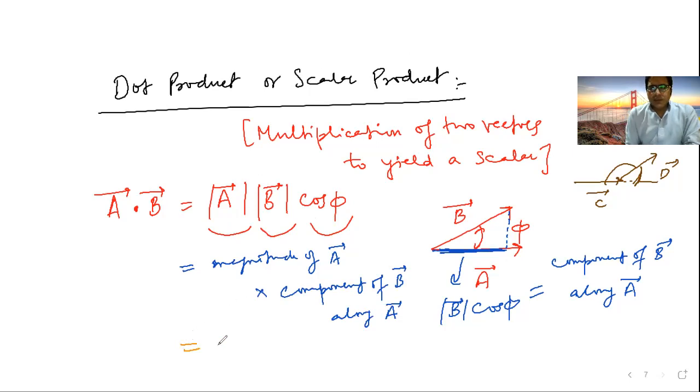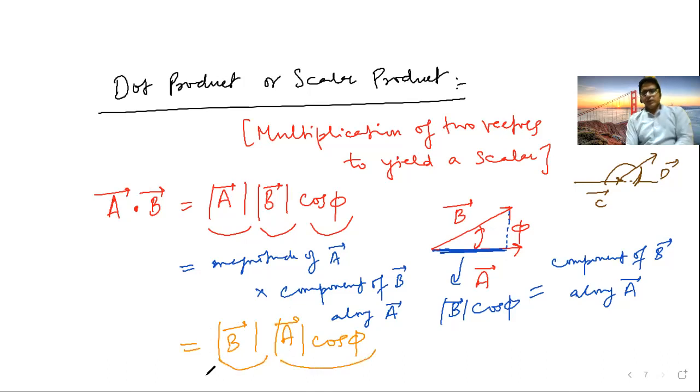You can write it B into A cos phi, because the product of numbers is commutative. Then the interpretation will be A dot B is the product of magnitude of B into A cos phi, which is the component of A along B.